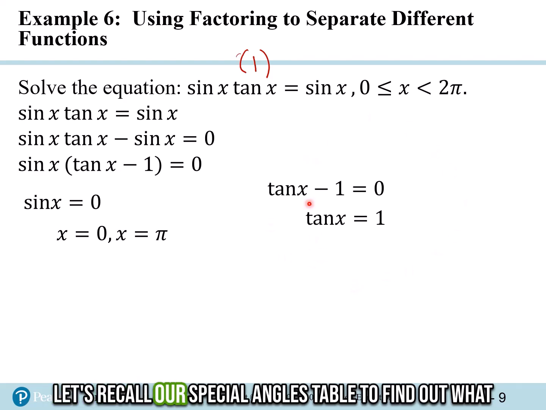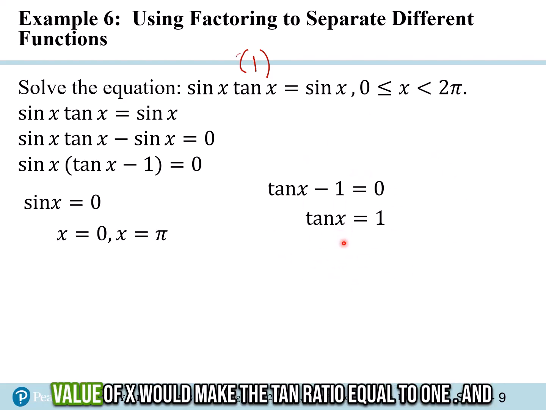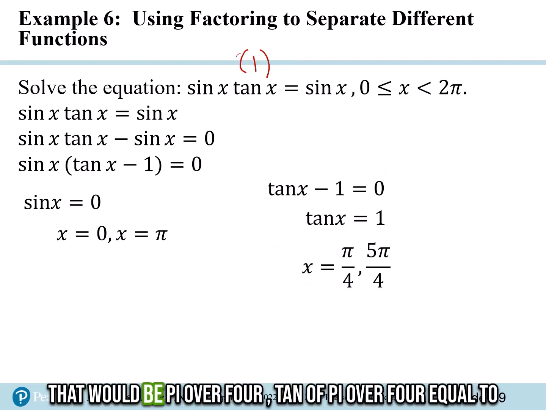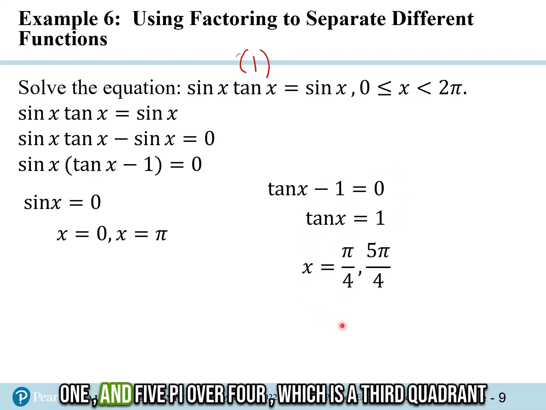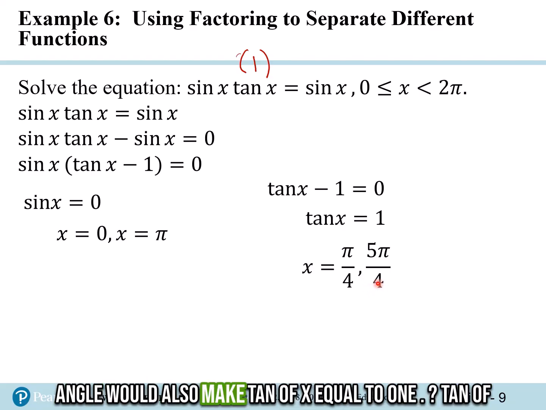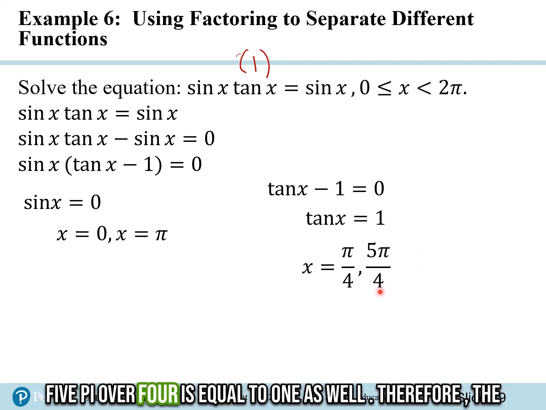Now let's recall our special angles table to find out what value of x would make the tan ratio equal to 1. And that would be pi over 4. Tan of pi over 4 equal to 1, and 5 pi over 4, which is a third quadrant angle, would also make tan of x equal to 1. Tan of 5 pi over 4 is equal to 1 as well.